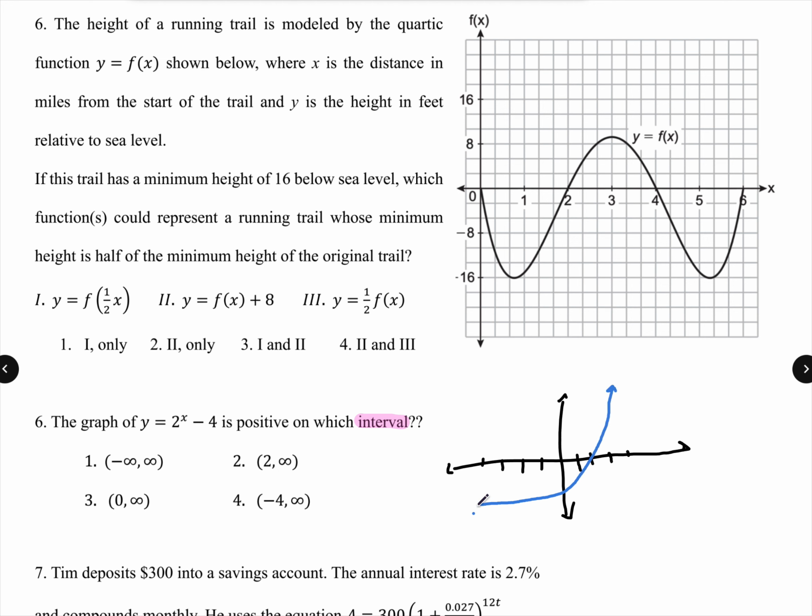Shoots up. Where does it cross the x-axis? At 2. So that means on my x-axis is where it starts being positive, and it's going to stay positive, because this line goes on and on forever into the y, which means it's also going into infinity on my x-axis too. Answer choice number 2.